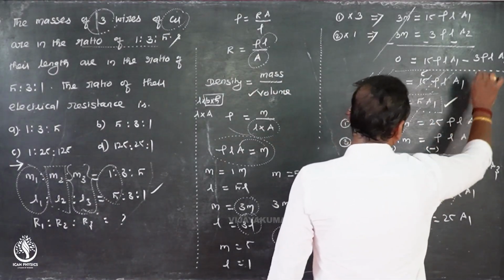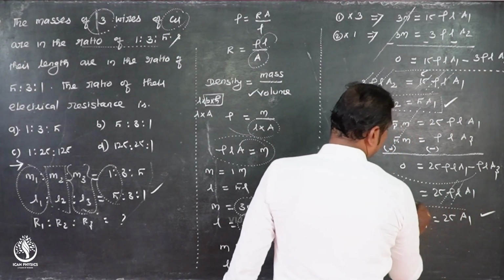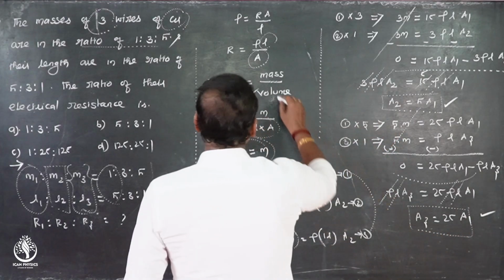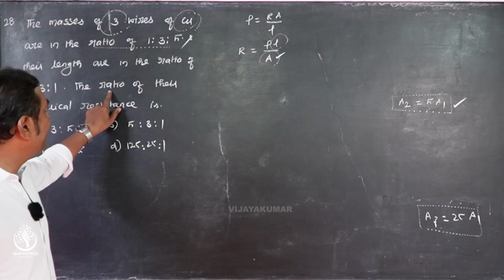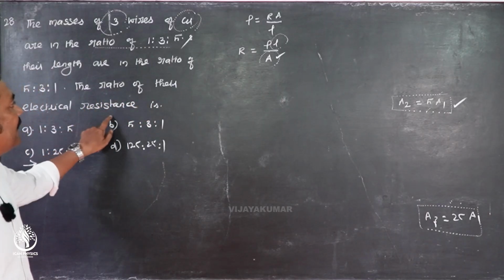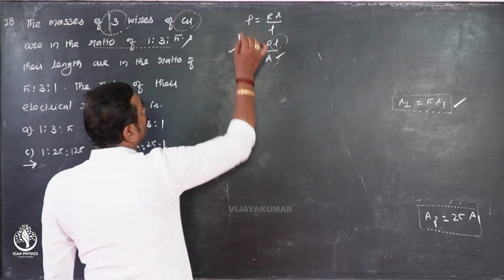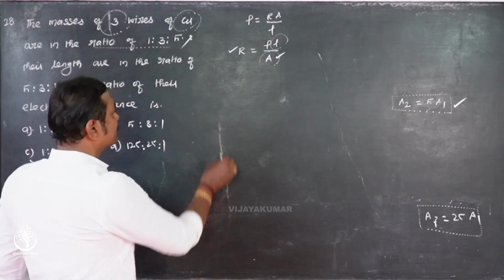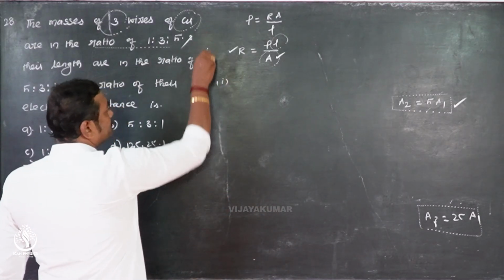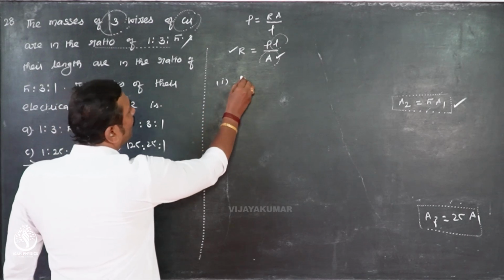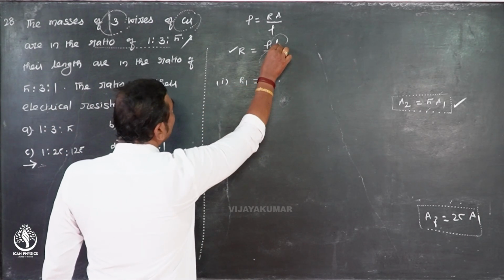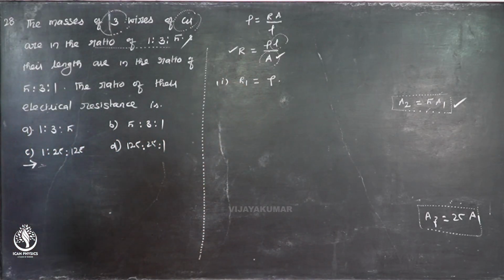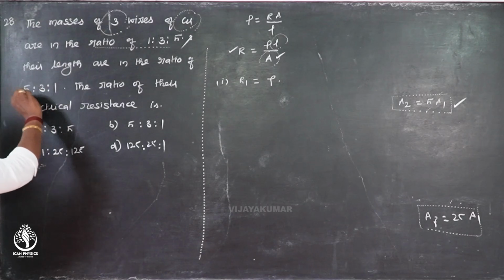So now we are going to use the first and second of these two equations in the area. Our question is the ratio of their electrical resistances, so we are going to calculate the resistance. For the first case, R1 equal to rho into L. What is the ratio of length for the first case?